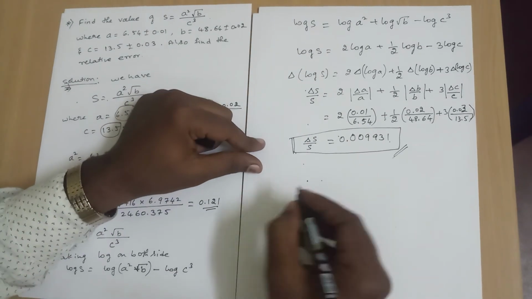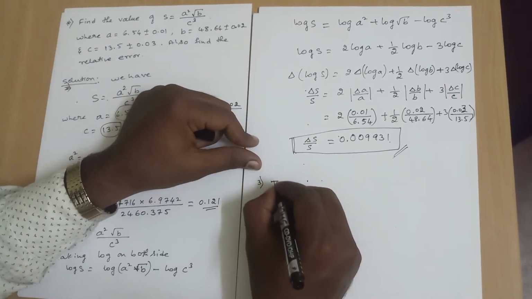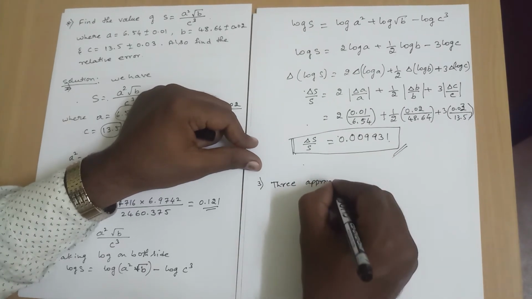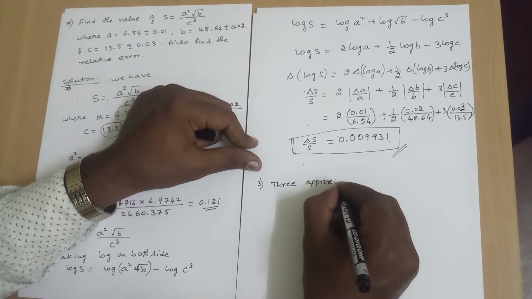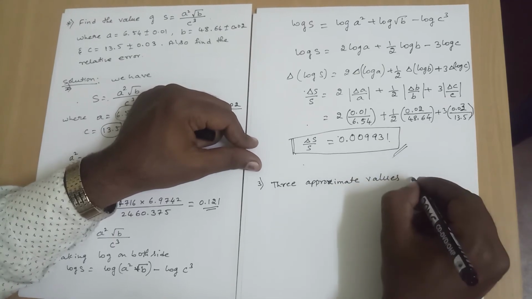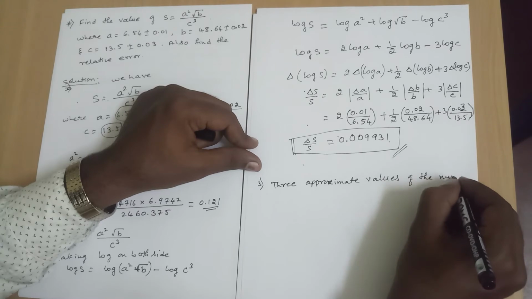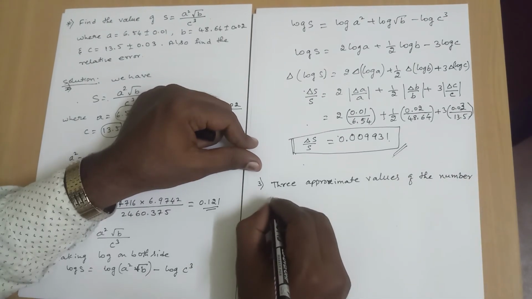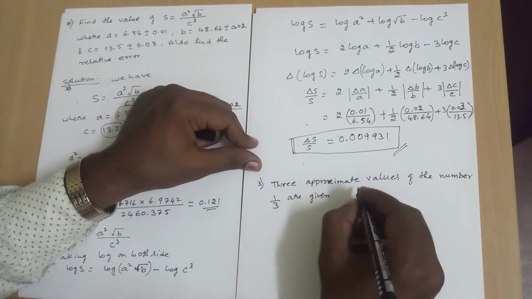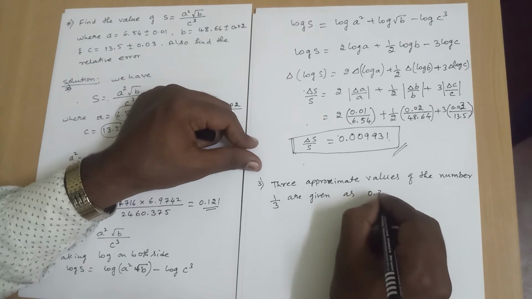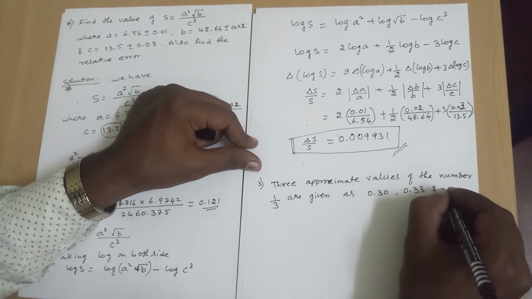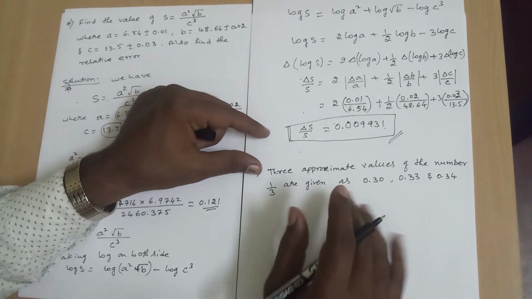So next problem. Three approximate values of the number 1/3 are given as 0.30, 0.33 and 0.34.